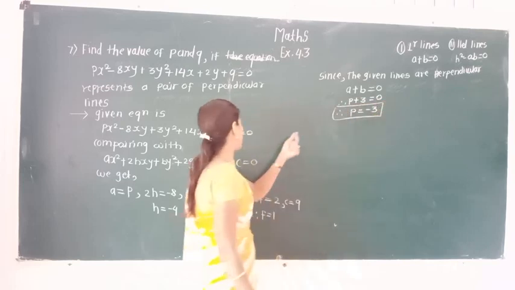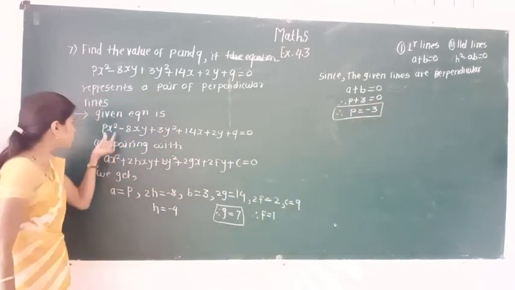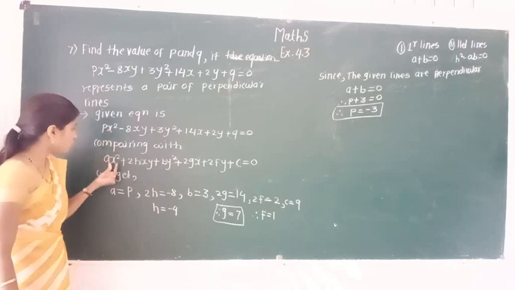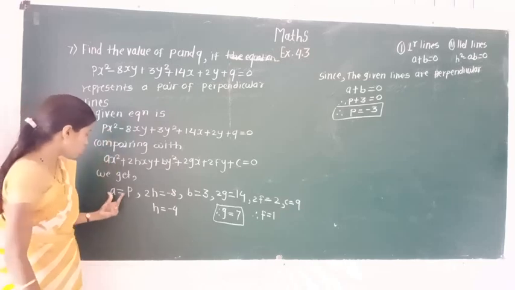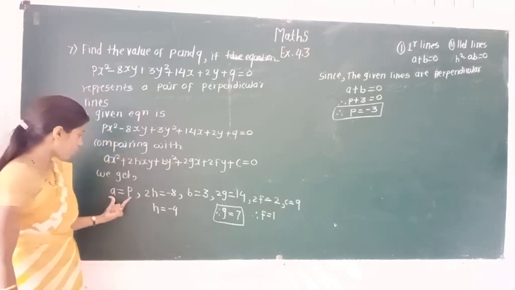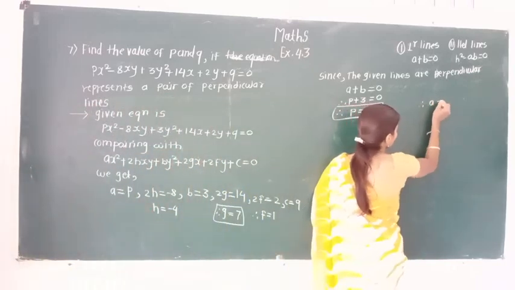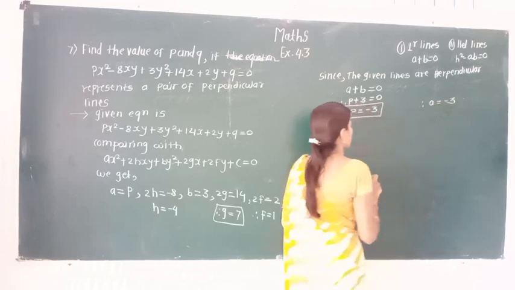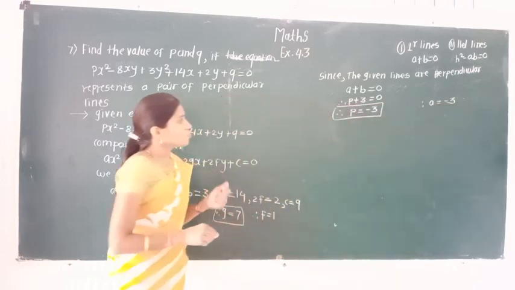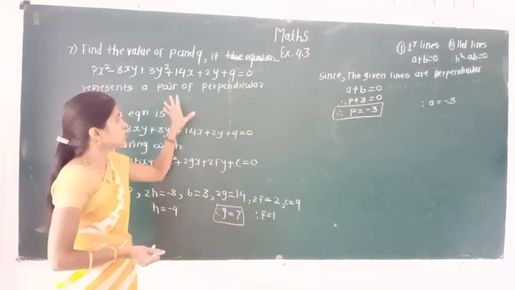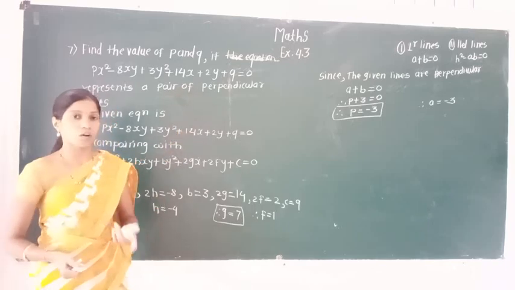But we know that p is the coefficient of x square, and coefficient of x square is here a. So a and p, these two are the equal value. So here we get the value of a is also minus 3. Okay. Now for finding the value of q, the equation represents a pair of lines.